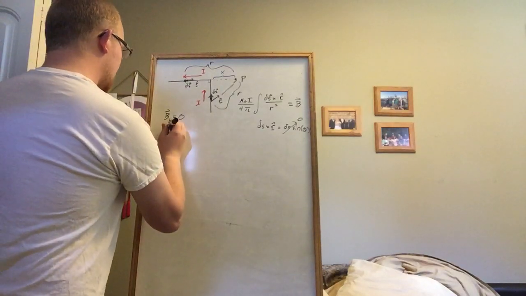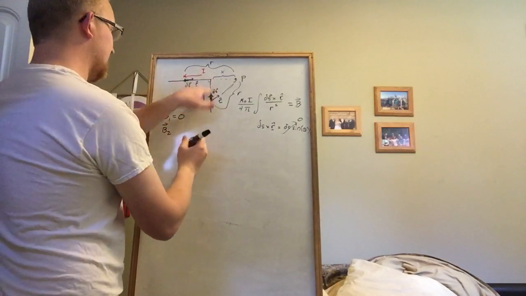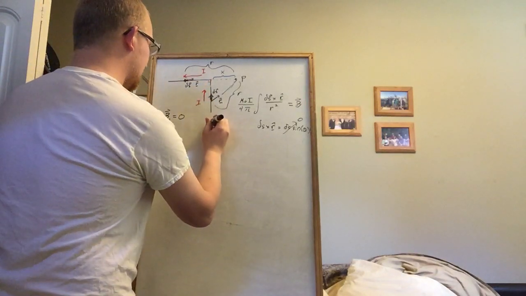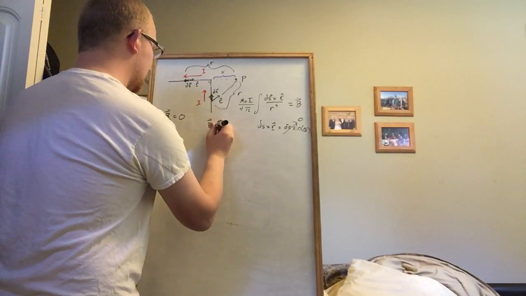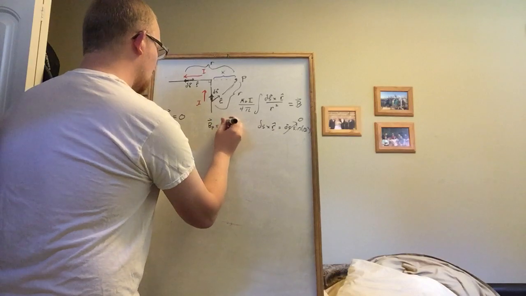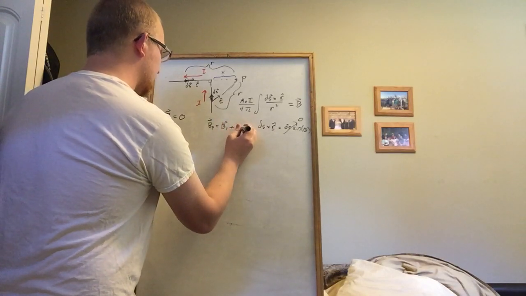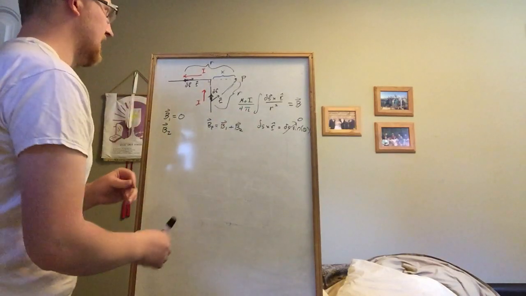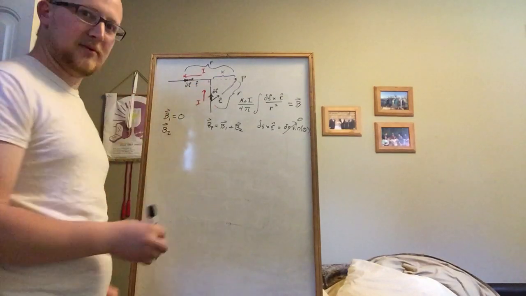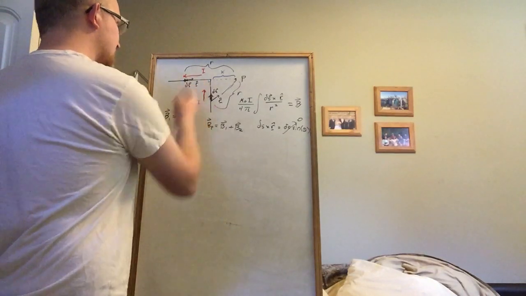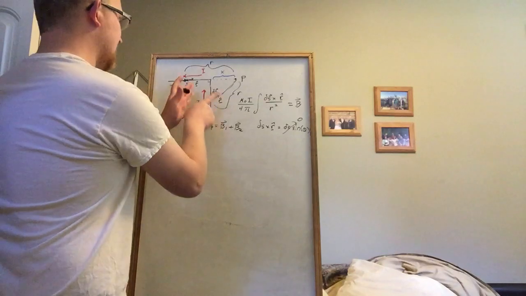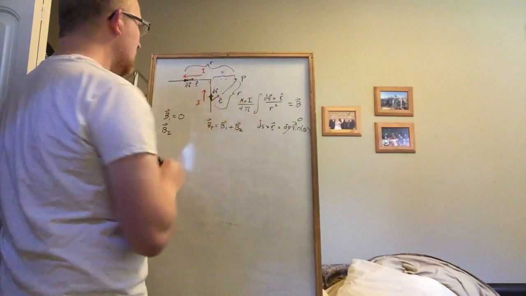Now we just need to know what B caused by this length of wire is. Once we know that, the total B at point P will be B1, which we found was 0, plus B2, which we're going to solve next. We pick an arbitrary ds as long as it points in the direction of the current. In this case, r hat points this direction.